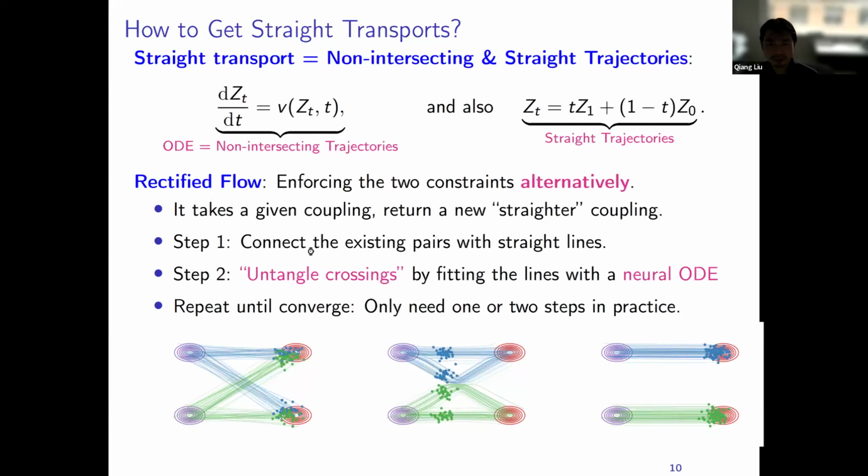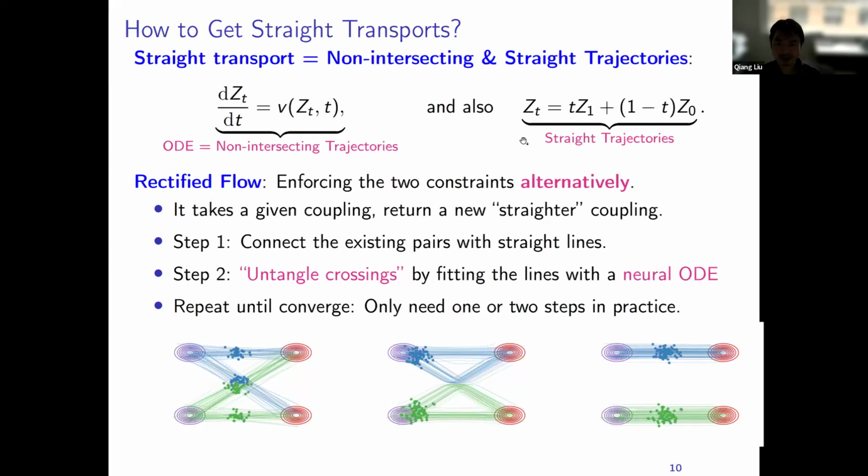Roughly speaking, what's going to happen is that we will start from a set of couplings given to us as the data set. Like we are given observations from pi 0 and pi 1. This is going to be our initial coupling. Then we take these initial couplings and connect them with straight trajectories.